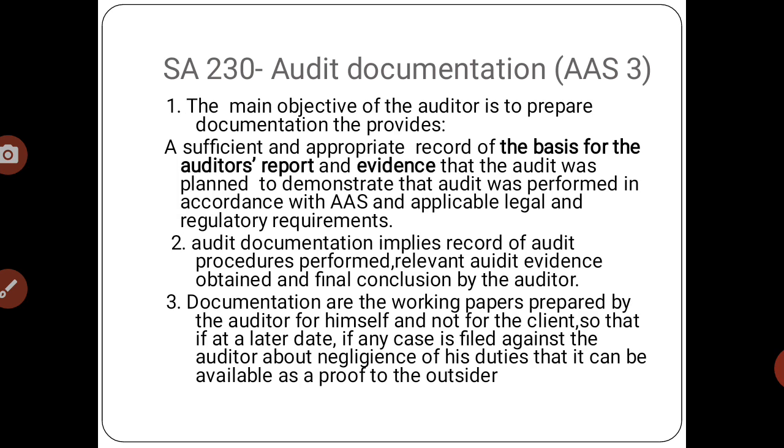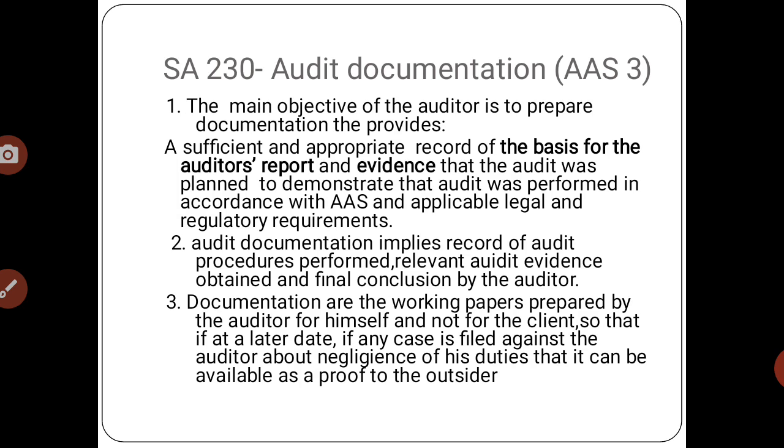Documentation consists of the working papers prepared by the auditor for himself and not for the client. So whatever document has been prepared, it is for the auditor, not for the client. This documentation should not be disclosed to the client unless it is required.